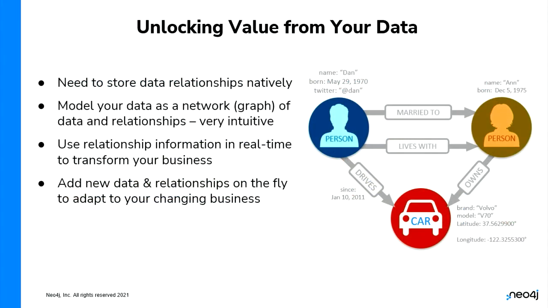So how do you unlock value from your data using those connections? And this is kind of like a prescriptive approach, right? This is, how do I do this? What's the best way to go about doing it? First, you need to be able to store those data relationships natively. Everybody's familiar with LinkedIn, and LinkedIn is all about the relationship, if you will. It's a really good analogy for a social graph. You can pull up a person, their profile, and you can see what connections you have in common with them.